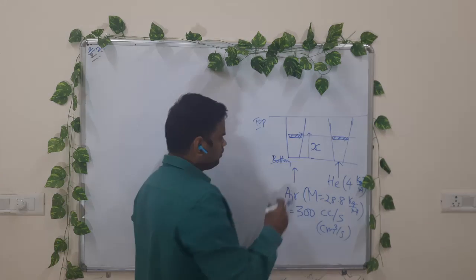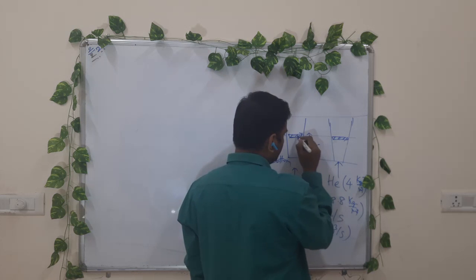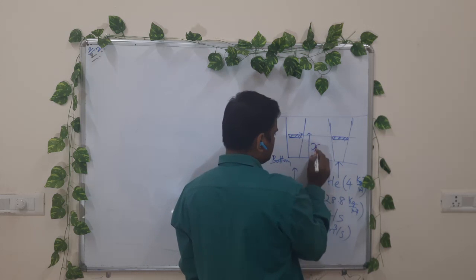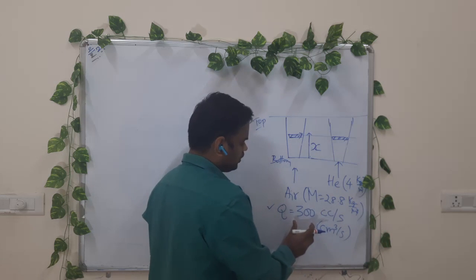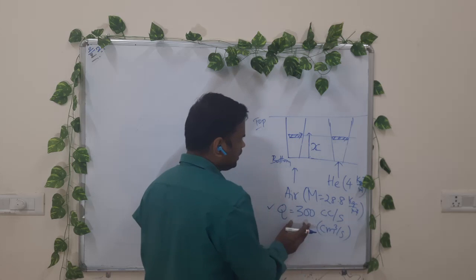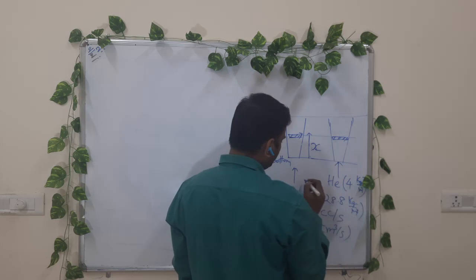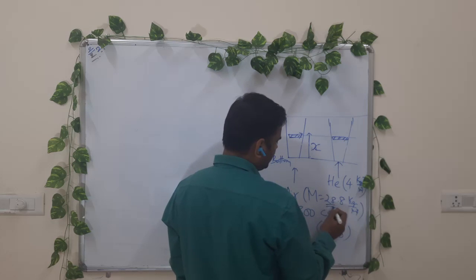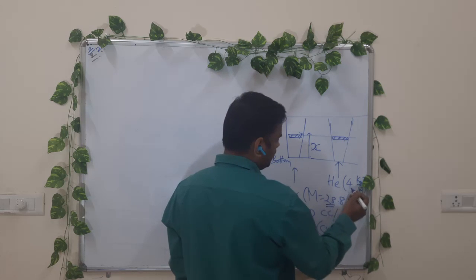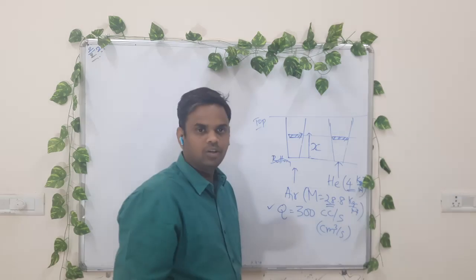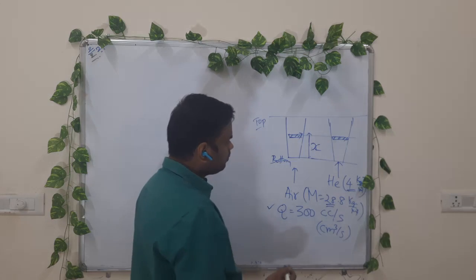So the float is to be at the same distance as when the volumetric flow rate of air was 300 cc per second. But here the fluid has a different molecular weight: air has a molecular weight of 28, helium has a molecular weight of 4.